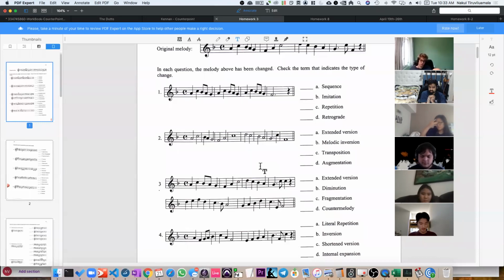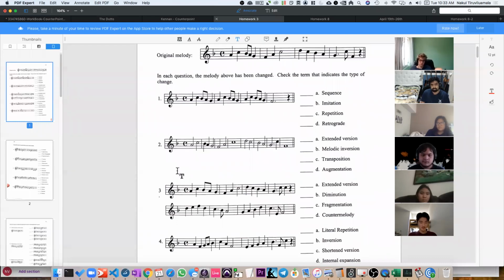Okay, so get ready for some answers, everyone, because the best way I can describe these homework problems is by giving you the answer to some degree, because it's going to be kind of obvious by the time I finish my explanations. So let's look at number 3 really quickly because I don't know what the answer is yet. The original melody that it's based on is... So we have the beginnings of the melody.